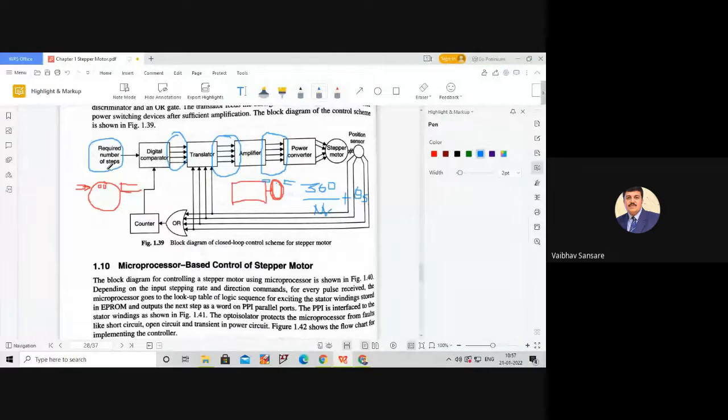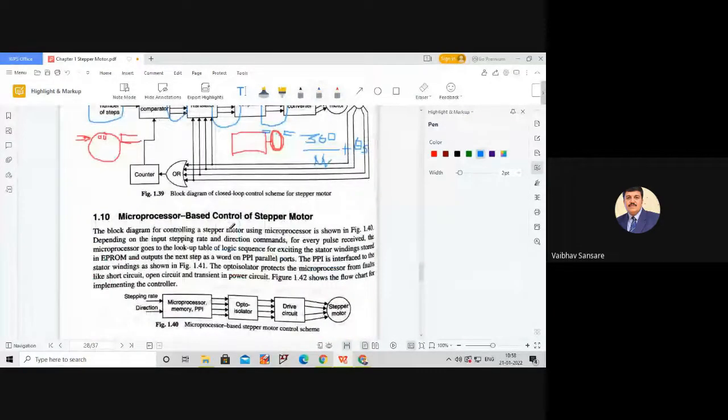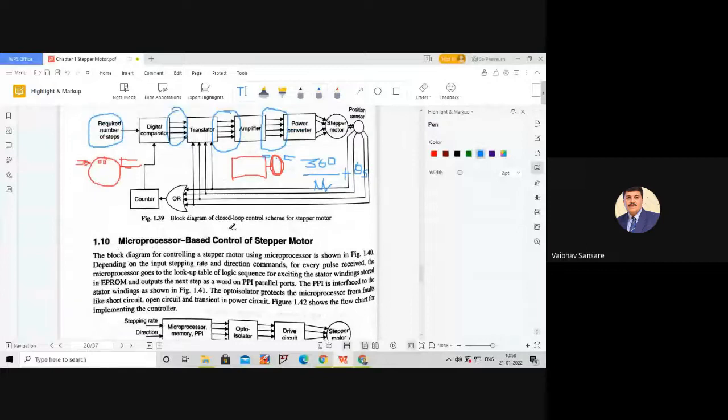There is a simple comparison between the number of steps required and the number of steps completed, and accordingly the digital comparator provides the first input to the translator. The second input to this translator is the output of the position sensor, and accordingly the translator generates the logic sequence. So this is how the closed loop control strategy of the stepper motor works.